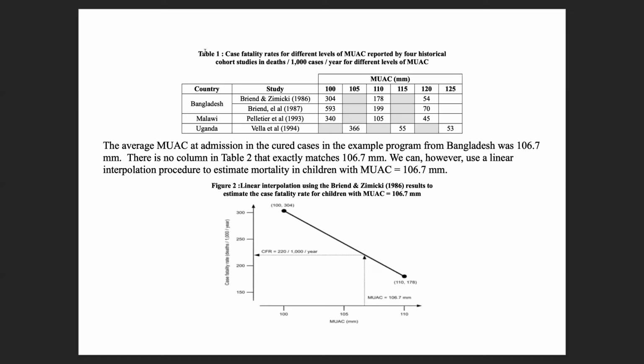In figure 2, we've plotted the data for 100 millimeters and 105 millimeters on the x-axis, and on the y-axis the height of the line is the mortality rate. Then we can find a point on the line above 106.7 millimeters and track that across to the y-axis, and we see it's about 220 deaths per 1,000 per year.